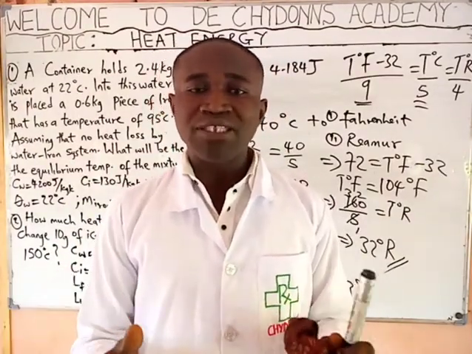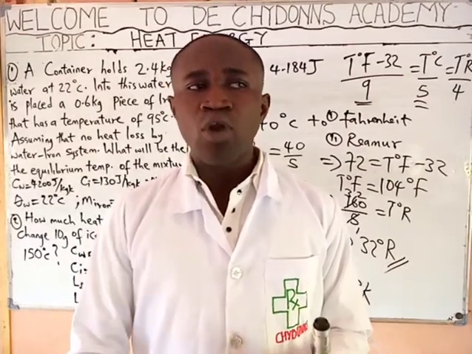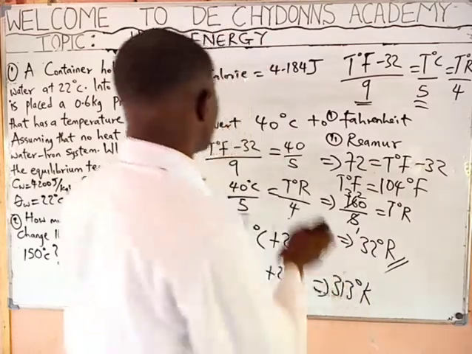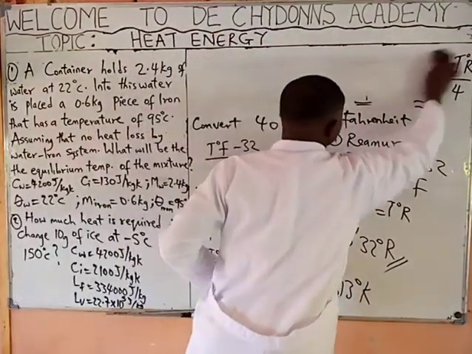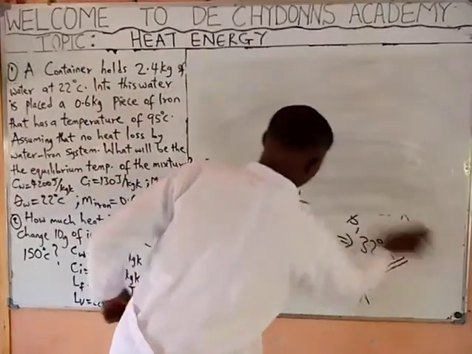So we need to have this in our mind as we go into calculation, so that we will be able to know which one is losing heat and which one is gaining heat.